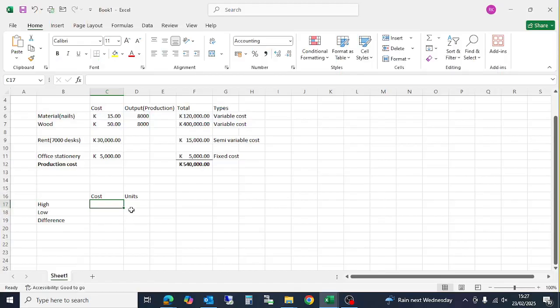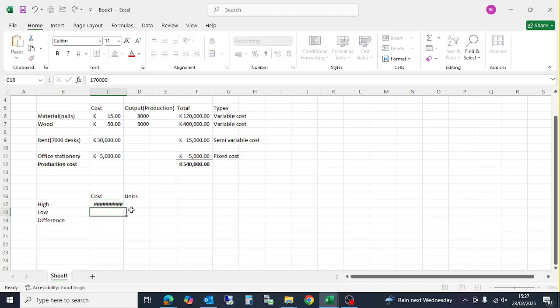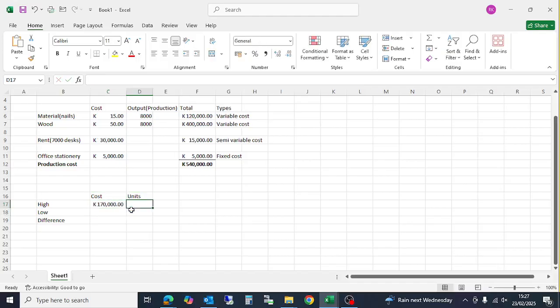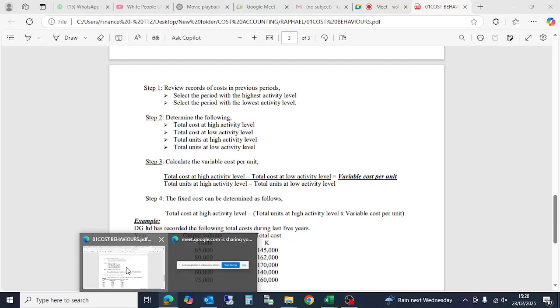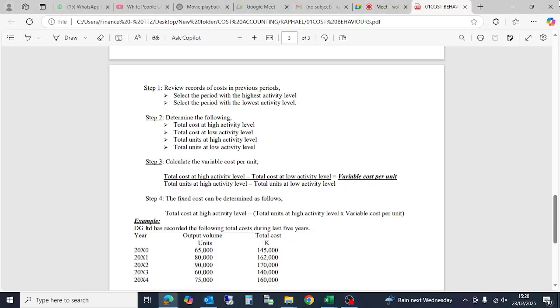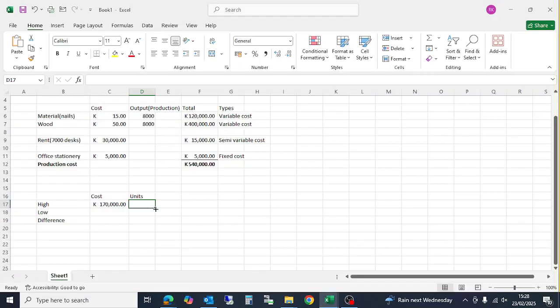So our highest cost is what? Highest cost is 170,000. So it'll be like this. We have 170,000 kwacha, and the units for the 170,000 kwacha are 90,000. So we'll bring in our 90,000 units here.